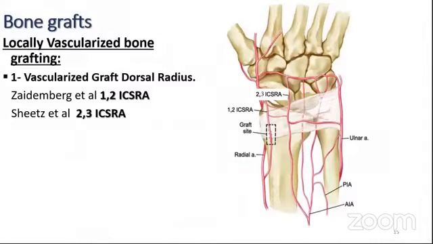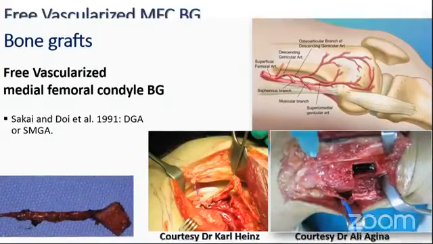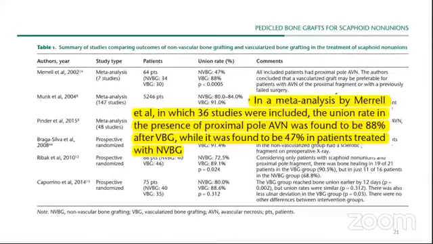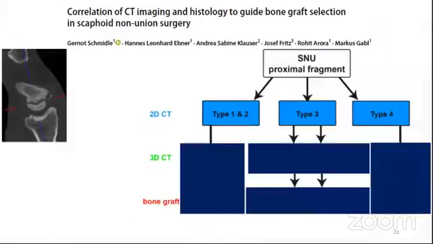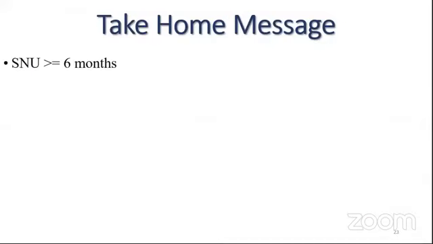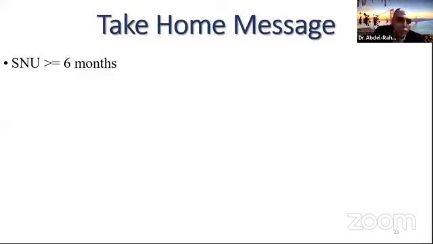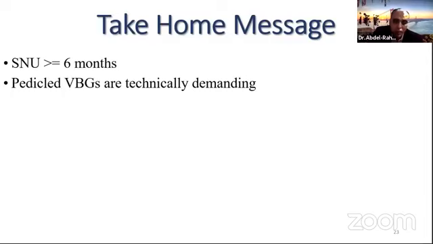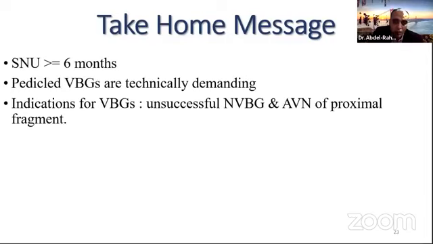Take-home message. The scaphoid non-union is diagnosed as non-union of the fracture for 6 months or more. The pedicled vascularized bone grafts are technically demanding.